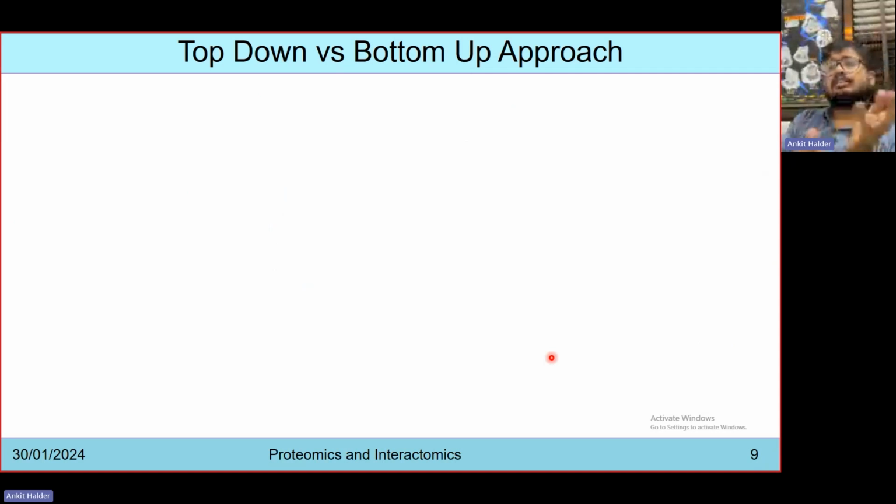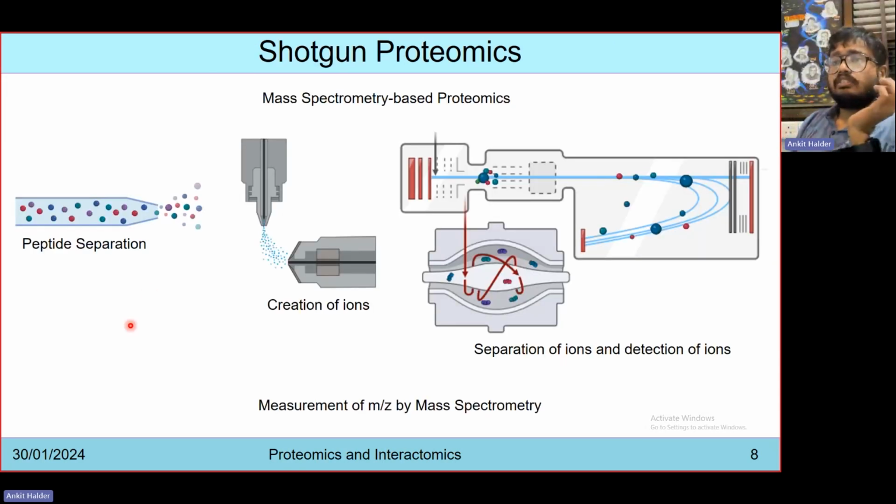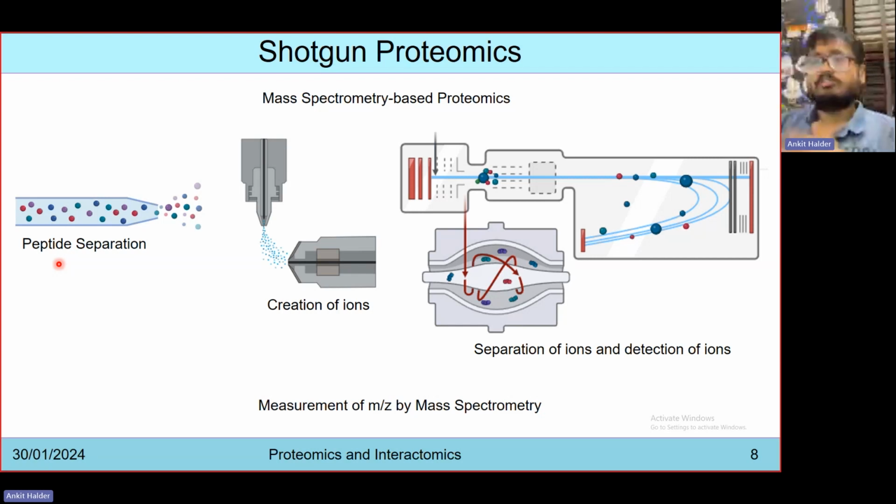Now, the thing that I have mentioned, if you have noticed, and if you haven't, please notice now: we started with the peptide, but if you recall, we were talking about the field of proteomics, the field of proteins.